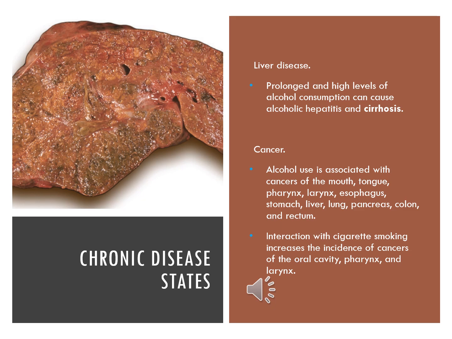And for several years, this protective effect of moderate alcohol consumption and the possible mechanism for it have been discussed. Alcohol use is also associated with cancers of the mouth, tongue, pharynx, larynx, esophagus, stomach, liver, lung, pancreas, colon, and rectum. A particularly nasty interaction with cigarette smoking increases the incidence of cancers in the oral cavity, pharynx, and larynx.